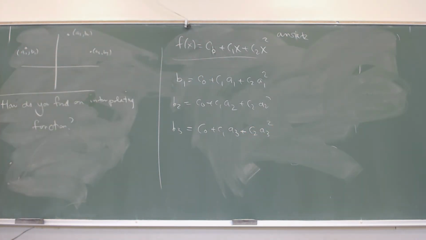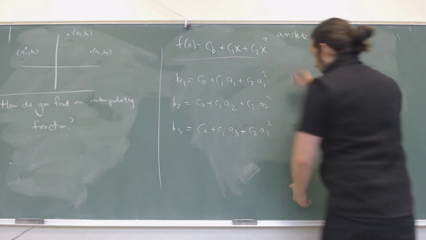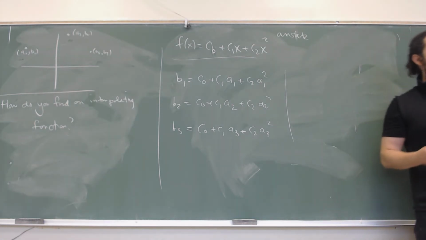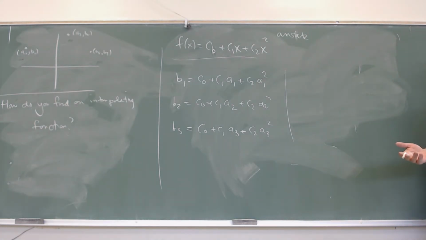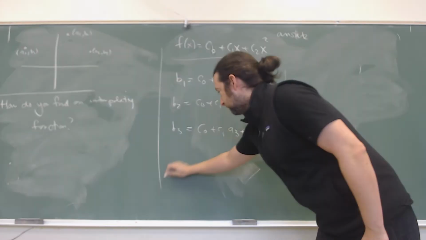And this is where you hit the elbow grease portion of the problem, right? Because now you get a system of linear equations in the unknowns c naught, c1, and c2. The a's and b's are given and known, and the unknowns are the coefficients of your interpolating function. So oftentimes, interpolation problems turn into giant linear systems, particularly when you're working with polynomials. This is the elbow grease version.